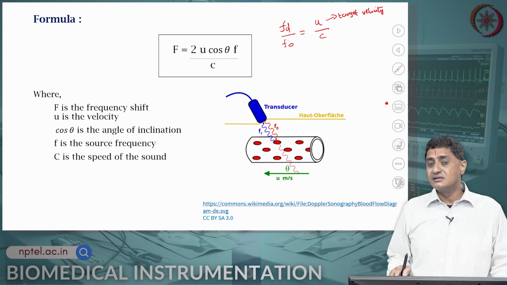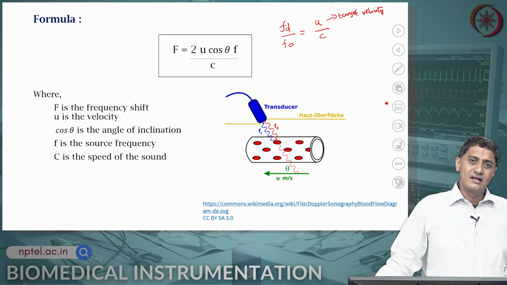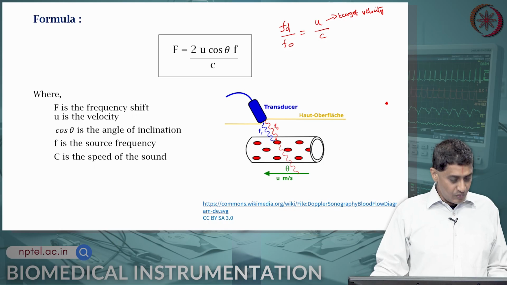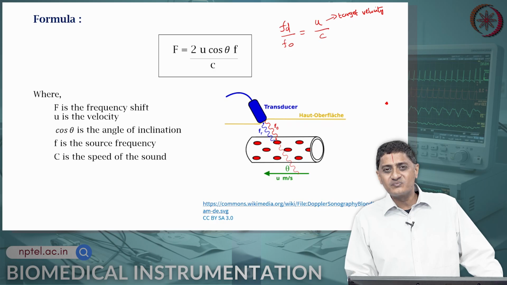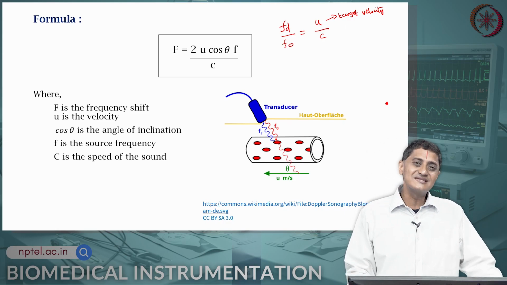But then there are two shifts that happen in the frequency. What are the two shifts? One happens between the transducer and the cell, the other happens between the cell and the receiver.